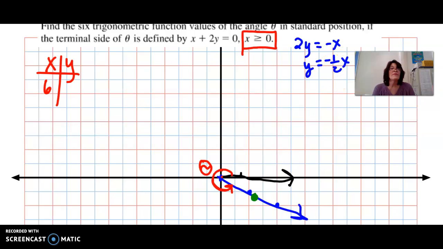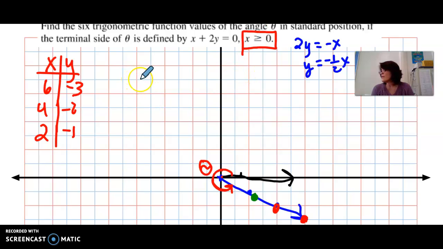And then negative half times 6, my y is going to be negative 3. 1, 2, 3, 4, 5, 6, yeah, 6, negative 3 is the point I'm going to use. You see it? You can use the point 4, negative 2 if you want. You can use the point 2, negative 1. There's lots of points on this line, right? Okay, what you're going to see is the trig ratios are the same.